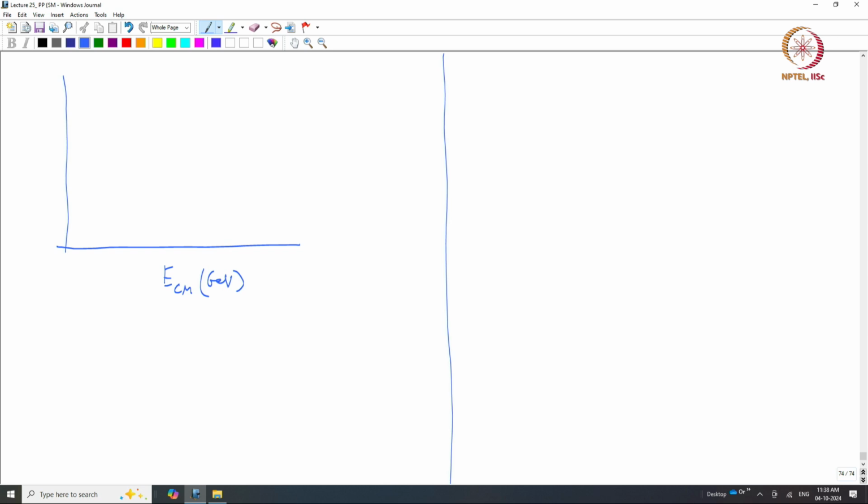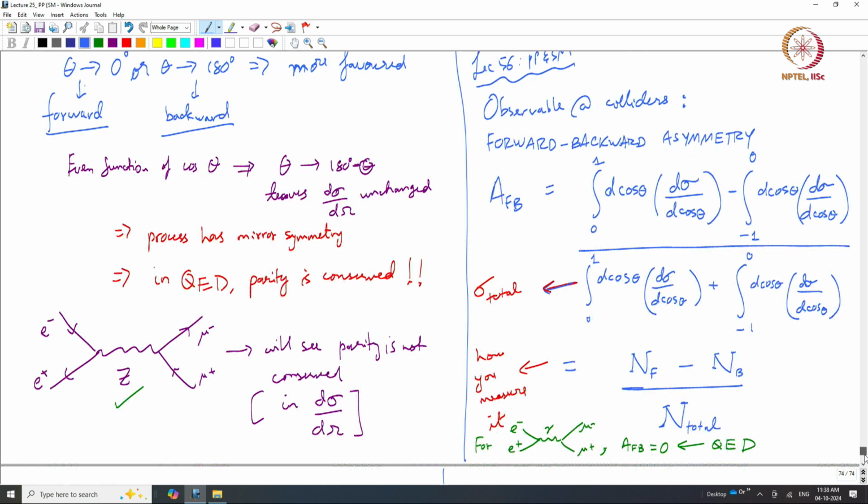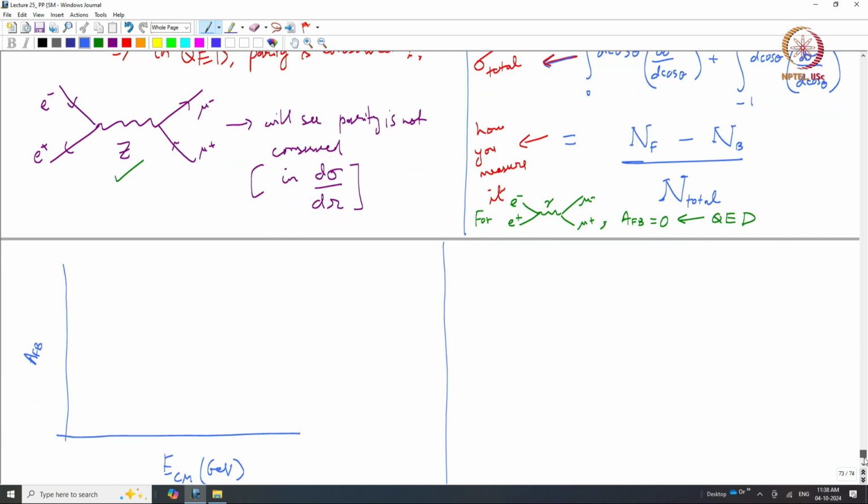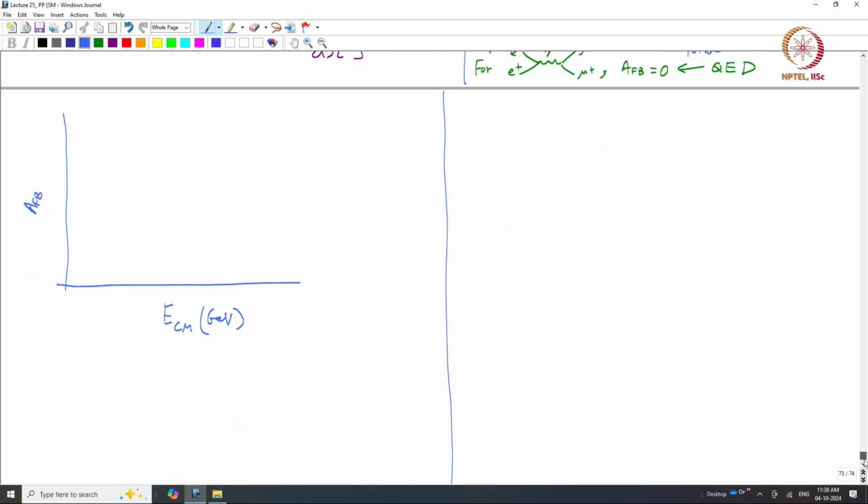What are the units of forward backward asymmetry? It's a unitless quantity, obviously. Let me mark off some numbers.